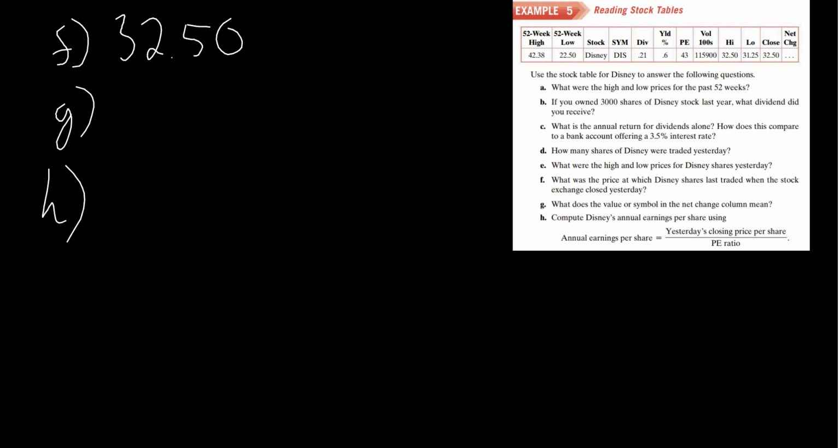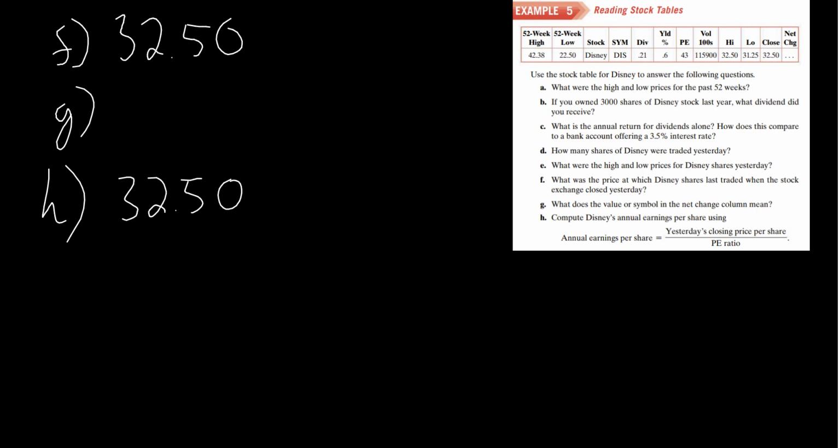H. So compute Disney's annual earnings per share using our formula here. Annual earnings per share is equal to yesterday's closing price per share divided by the PE ratio. Okay, so it's as easy as it sounds, right? So what was yesterday's closing price? Yesterday's closing price was 32.50, right?